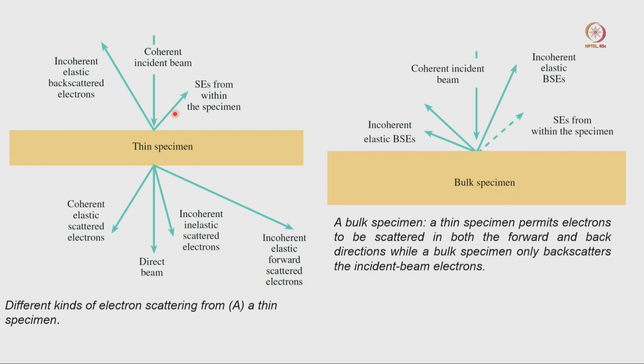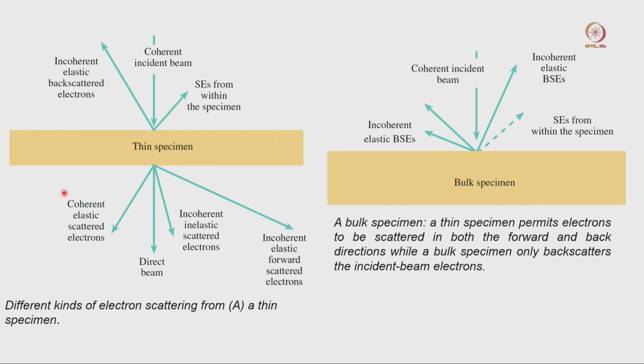Now, when there is scattering, as I mentioned, there are three possibilities. One possibility is that it will directly interact with the electron and lose its energy, and another possibility is that it is very close to the electron, but there is no interaction. When there is no interaction, there will be no loss of energy.